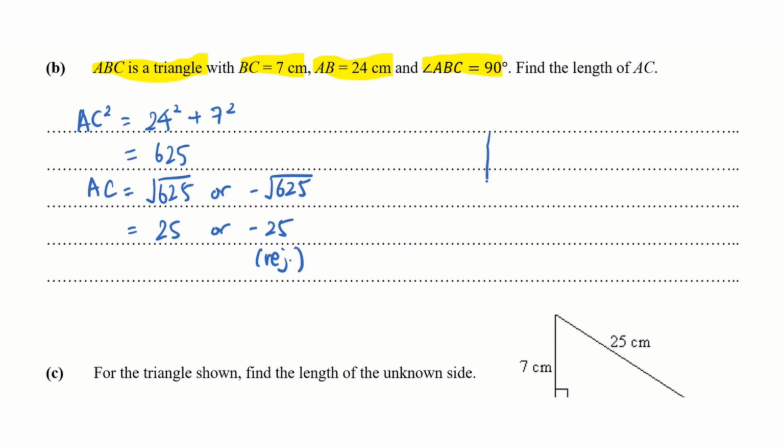Your right angle triangle can be drawn in this manner, or you can draw it in this manner. The orientation of the right angle triangle doesn't quite matter. So just decide on one. Pardon me for not having straight lines, because I do not have a ruler. So if I have my right angle over here, we know that angle ABC is equals to 90.